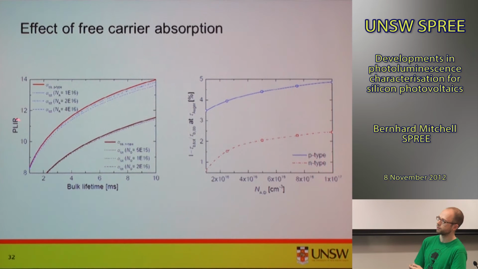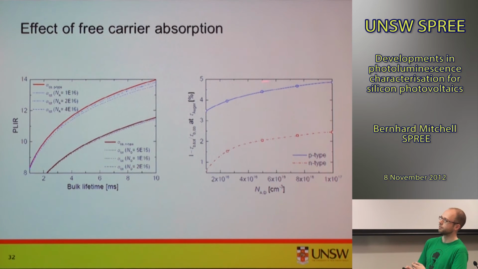But I found that if we just look for a change in the transfer function, here as a function of doping for very high bulk lifetimes, which is relevant for monocrystalline bricks, it's calculated for p-type and n-type, and I also calculated what sort of the maximum impact we could expect. So here I show the relative impact at the Auger limit for p and n-type as a function of doping.